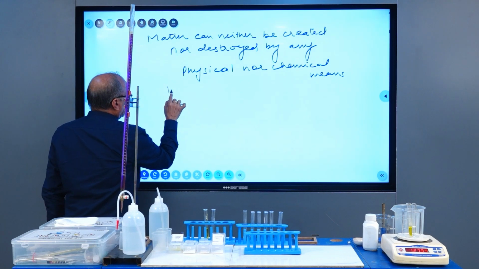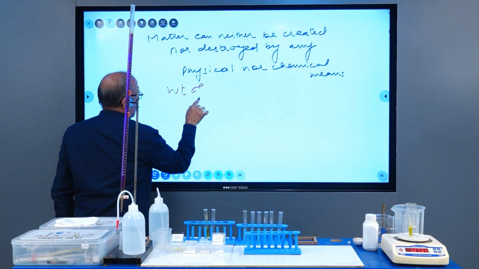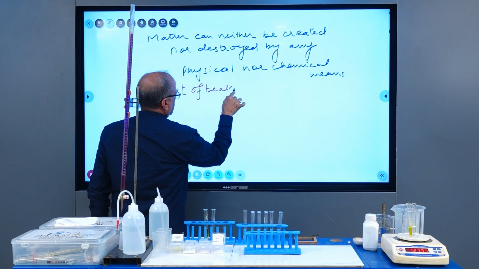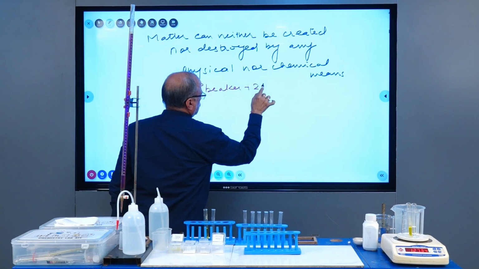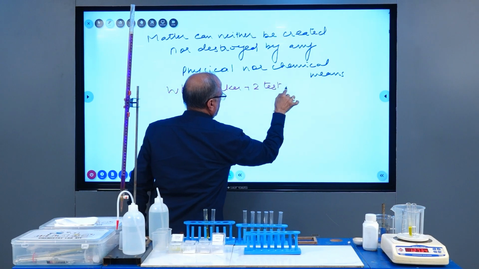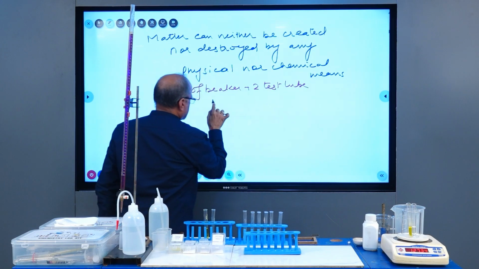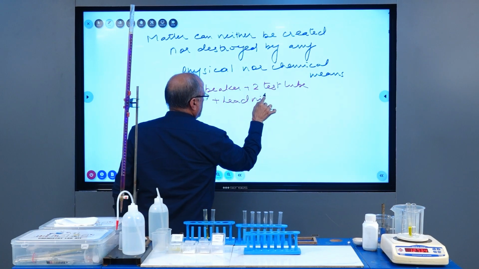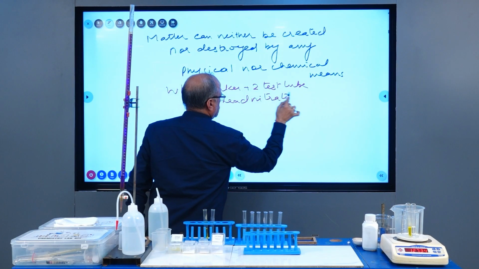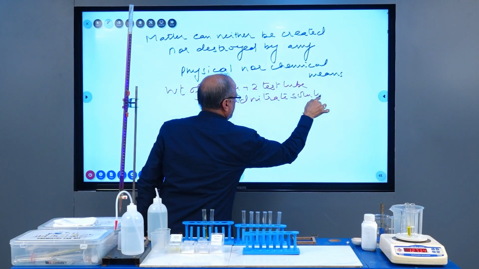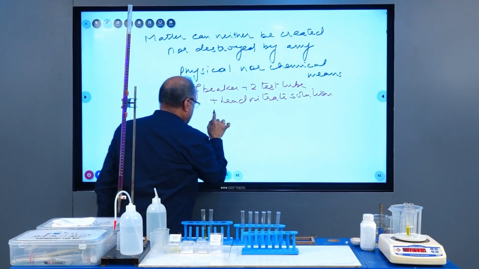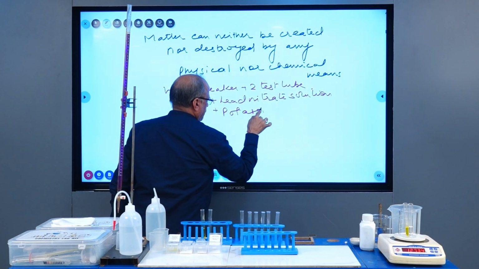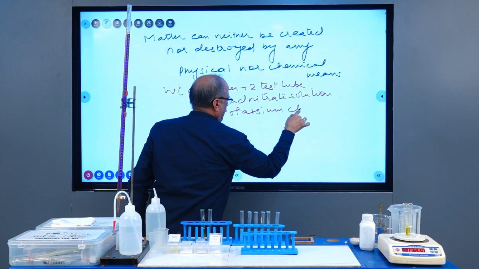I write here weight of beaker plus 2 test tubes plus lead nitrate solution plus potassium chromate.